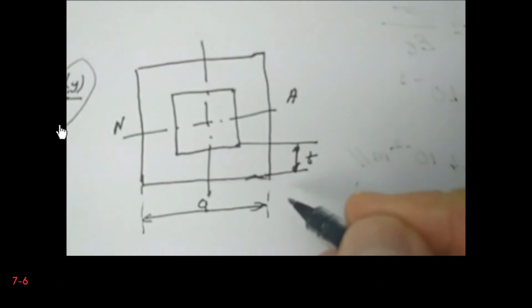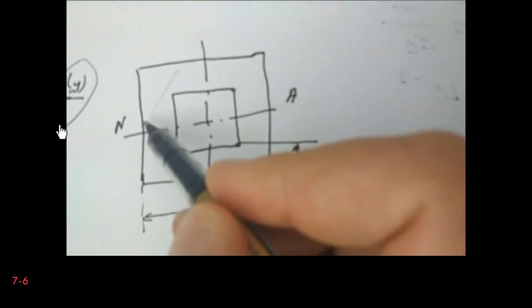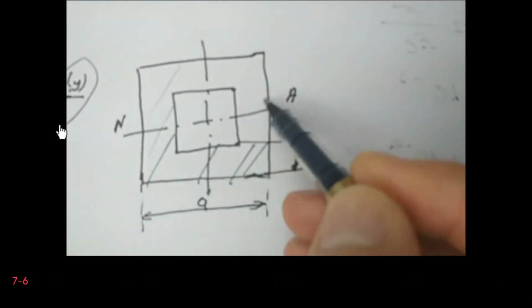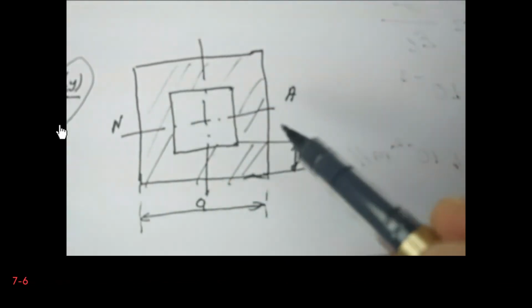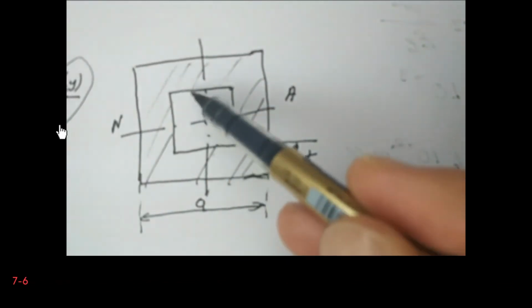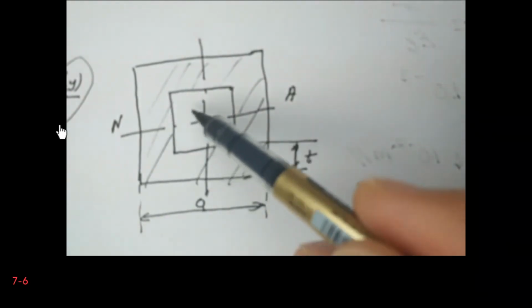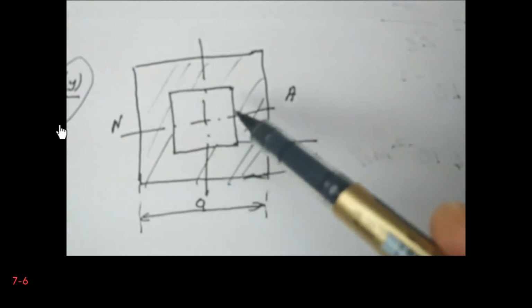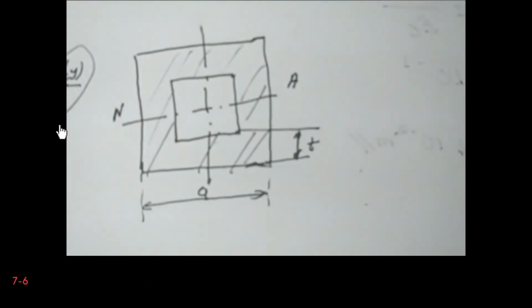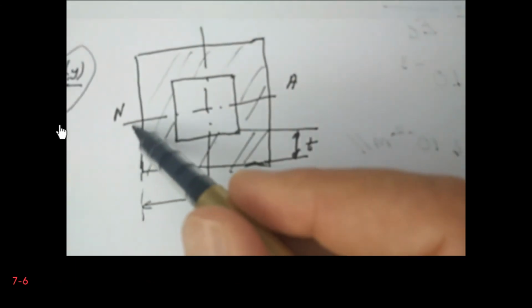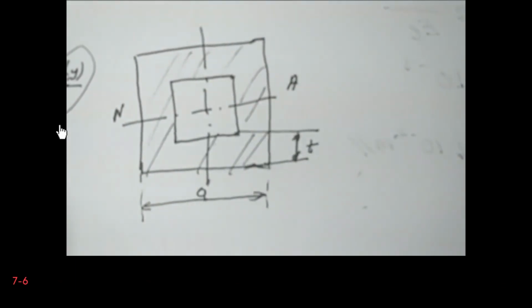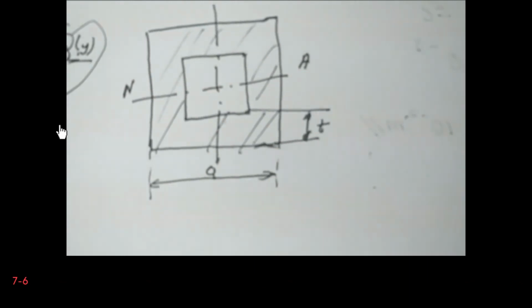Now we will begin by calculating the moment of inertia. In order to do this, first I will calculate the moment of inertia of the whole square. Then I will subtract the moment of inertia of this hollow part. In fact, the neutral axis is at the center. Since the cross section is symmetric, we don't need to calculate the location of the neutral axis.